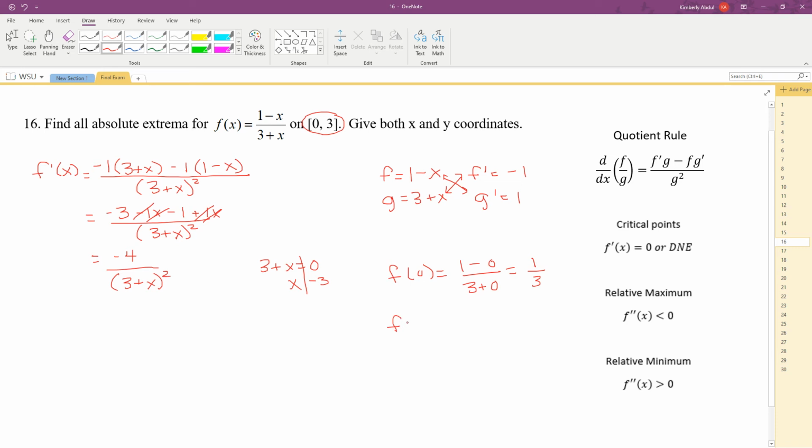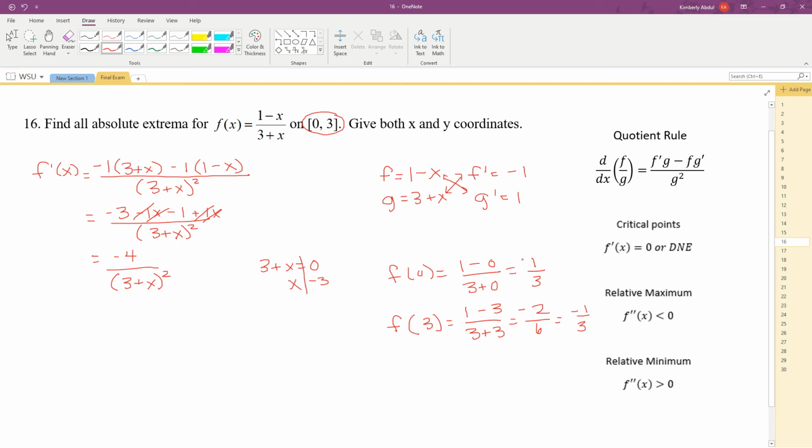And then f of my other endpoint here, 3: I'm going to do 1 minus x is now 3, and then 3 plus x is now 3. And I'm going to get 1 minus 3 is negative 2, and then 3 plus 3 is 6. And I can reduce this fraction to negative 1/3.